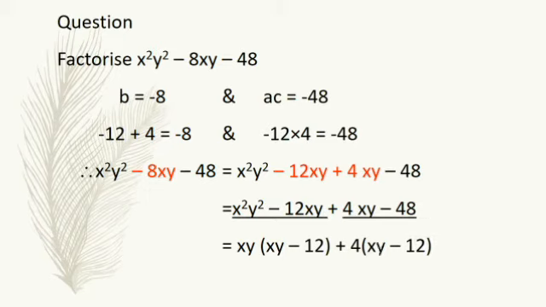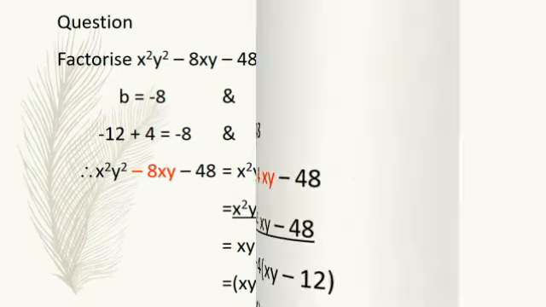Now, we can see xy minus 12 is common to both the groups. Therefore, it is equal to (xy minus 12) into (xy plus 4). They are the factors of x square y square minus 8xy minus 48.